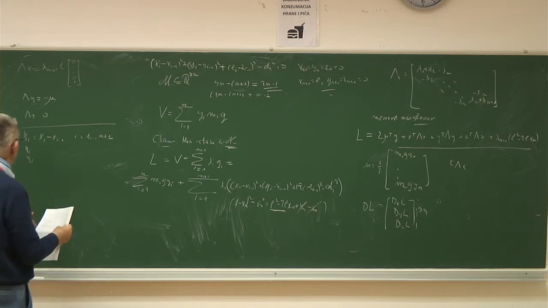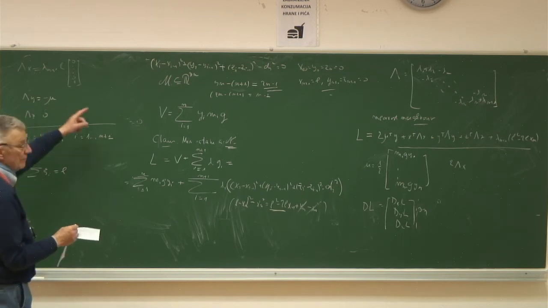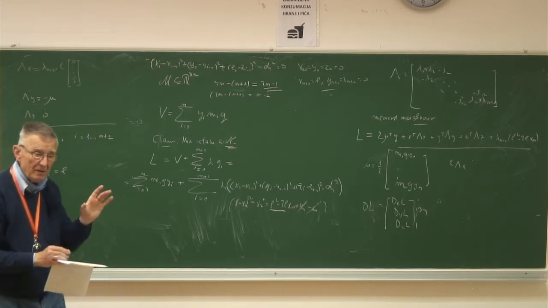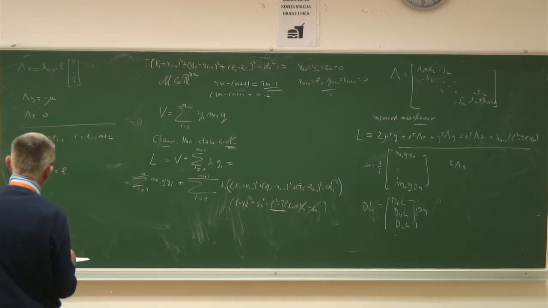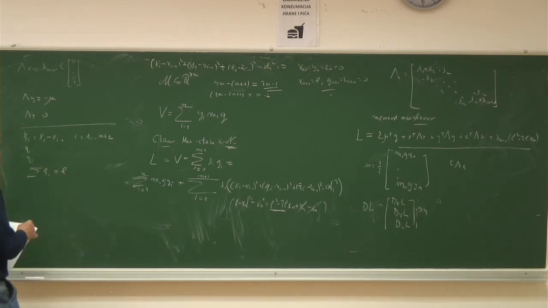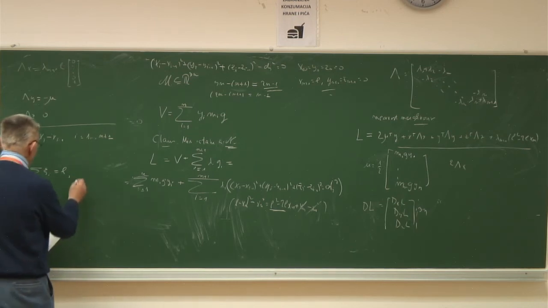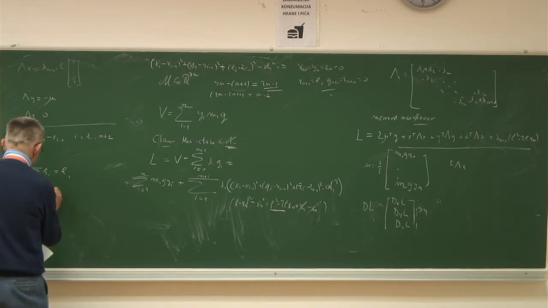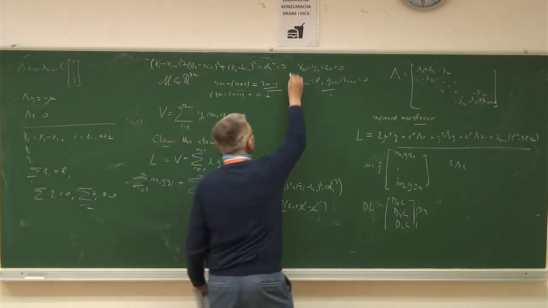That means that the sum of xi_i is equal to L. That's the last component, that's the sum of the displacements in the x-direction. And the other ones, the sum of eta_i is 0 and the sum of zeta_i is 0. That's what stays here.